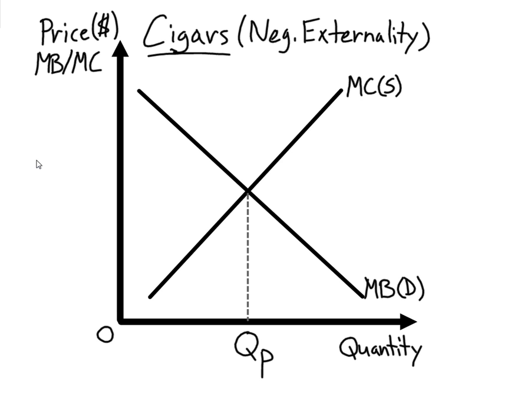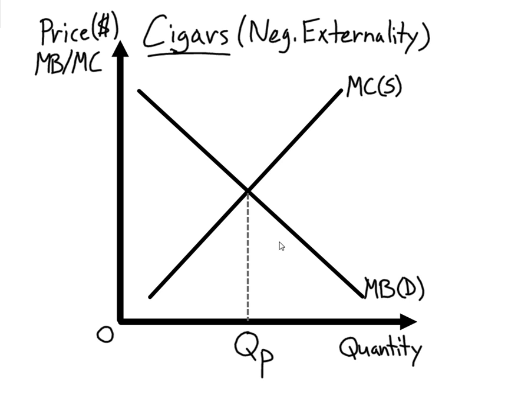As you can see, the graph is set up the same as we had for Canon, but now we're talking about cigars. And so our original marginal cost and marginal benefit curves are exactly the same. Again, the producers and consumers in this market are going to arrive at their optimal quantity by applying the golden rule.